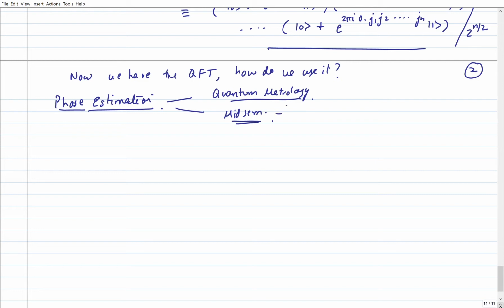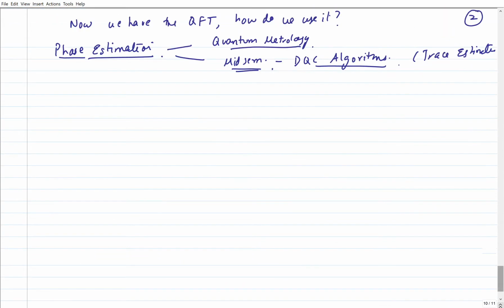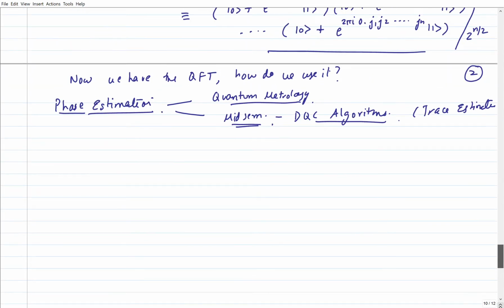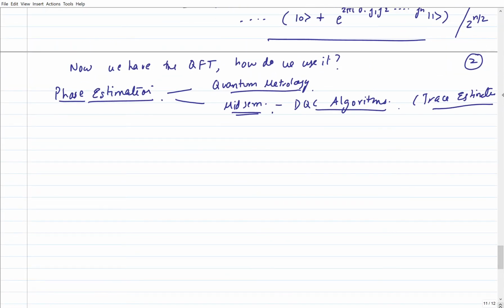The midsem problem, which was the DQC algorithm, where we had trace estimation. So the quantum circuit was very similar to that. I'll come to that soon.